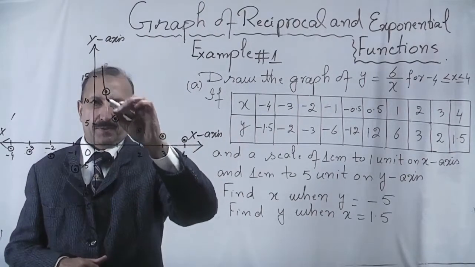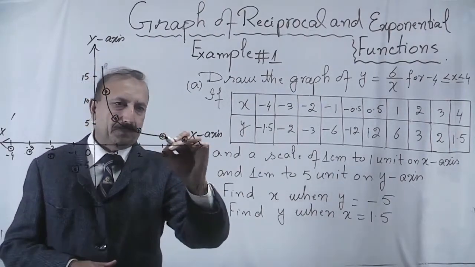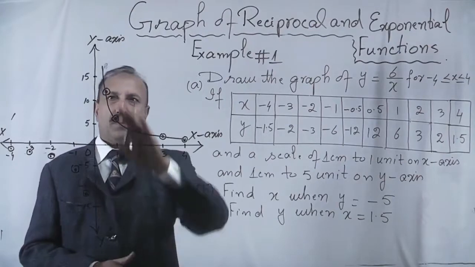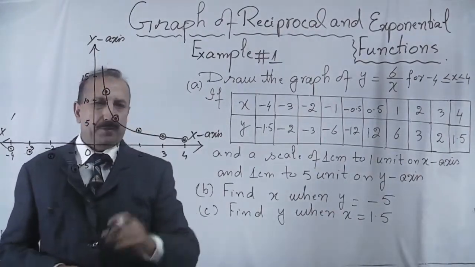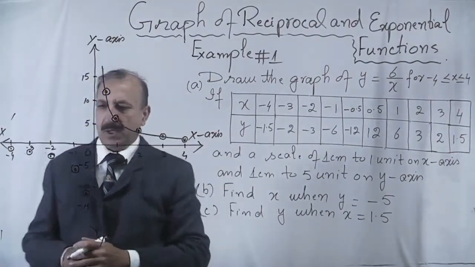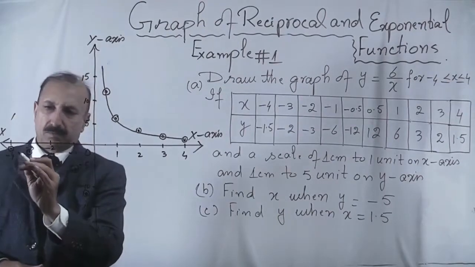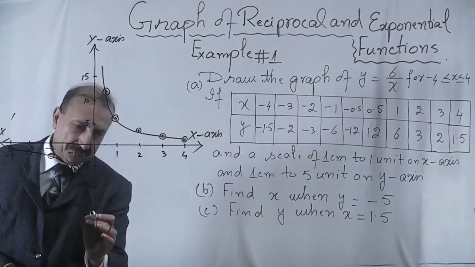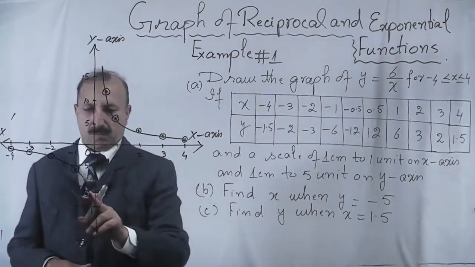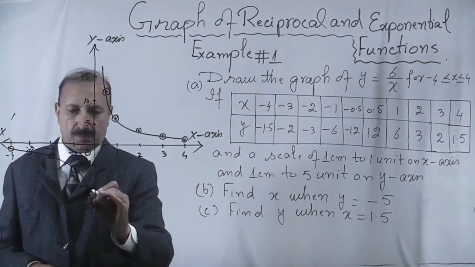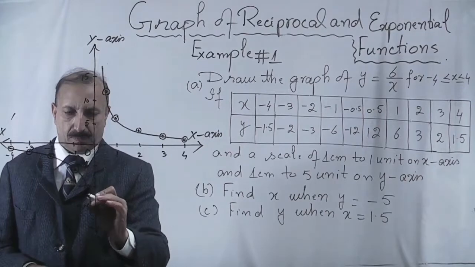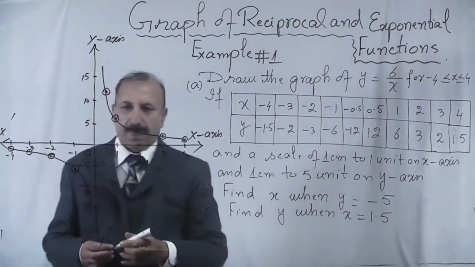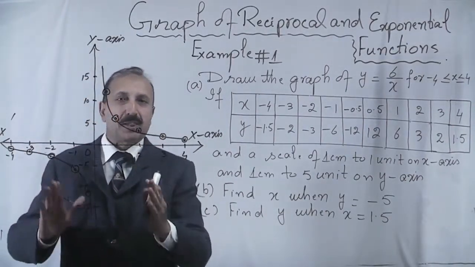This is the graph here. This is for the first quadrant, and here is the third quadrant graph. So you can see this is a reciprocal graph.